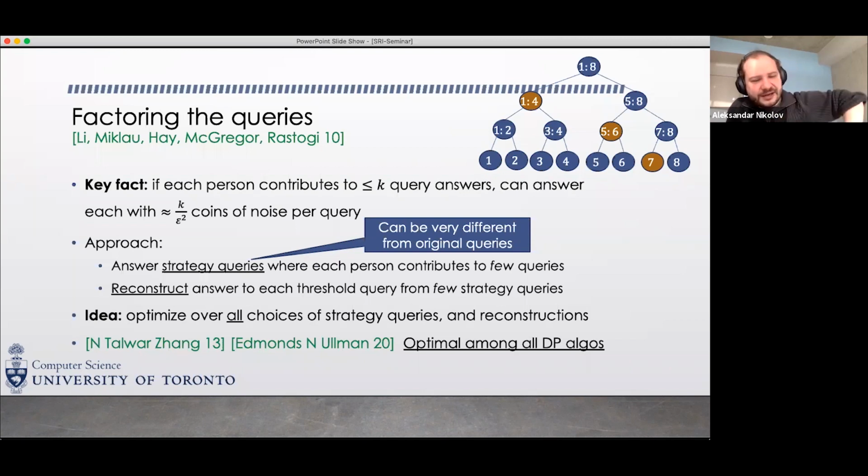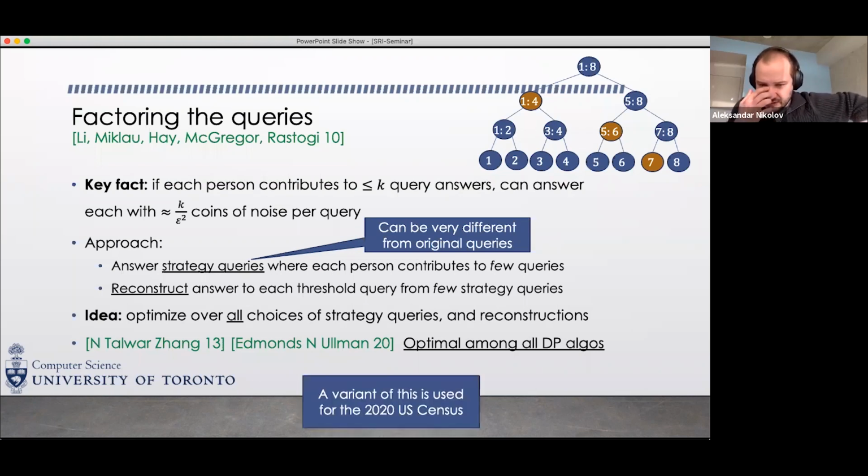And in some of my work, now an old paper with Talwar and Zhang and a much more recent paper with Edmonds and Ullman, we've been able to basically show that in many cases, this way of answering queries, where you come up with the best strategy queries to ask and then the best way to reconstruct from them, often gives you the best possible differentially private algorithms for these types of questions.